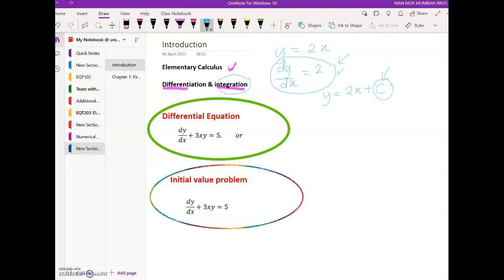The solution that we have here, we call it the general solution, where your c, the unknown, takes no specific value.